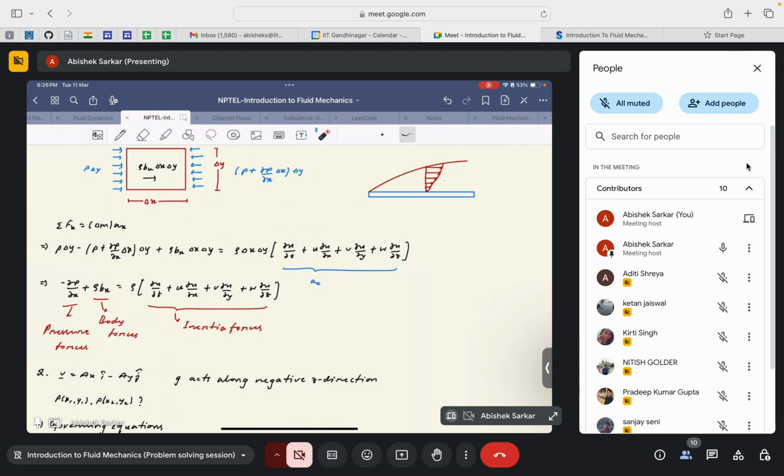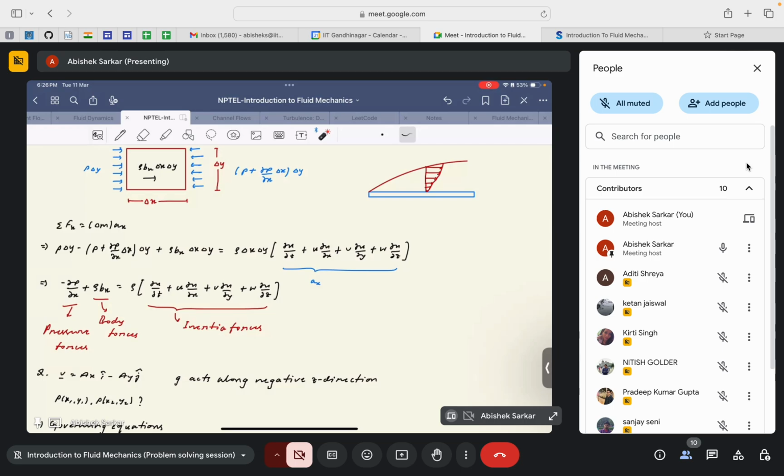I think you are well versed with this expression. The mass is given by density into volume, so the volume would be delta x into delta y into delta z, where delta z in this case is 1.